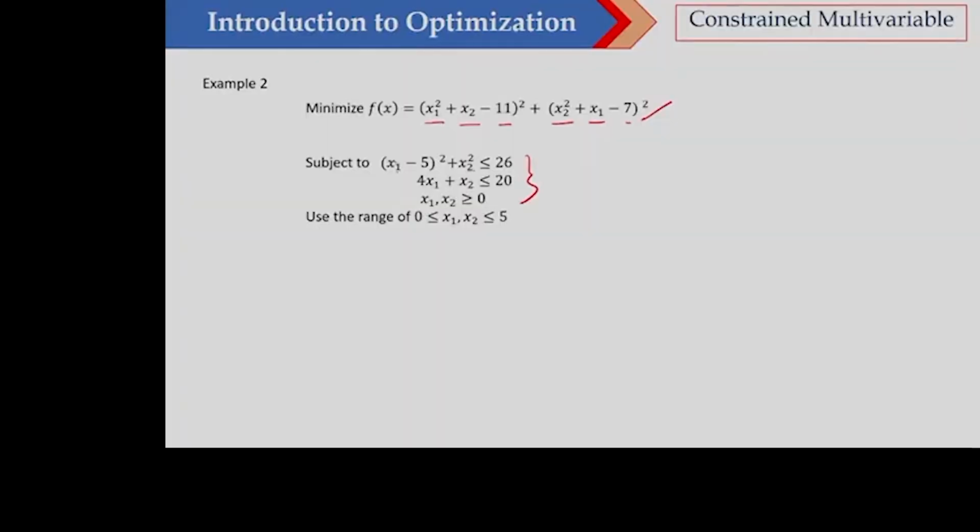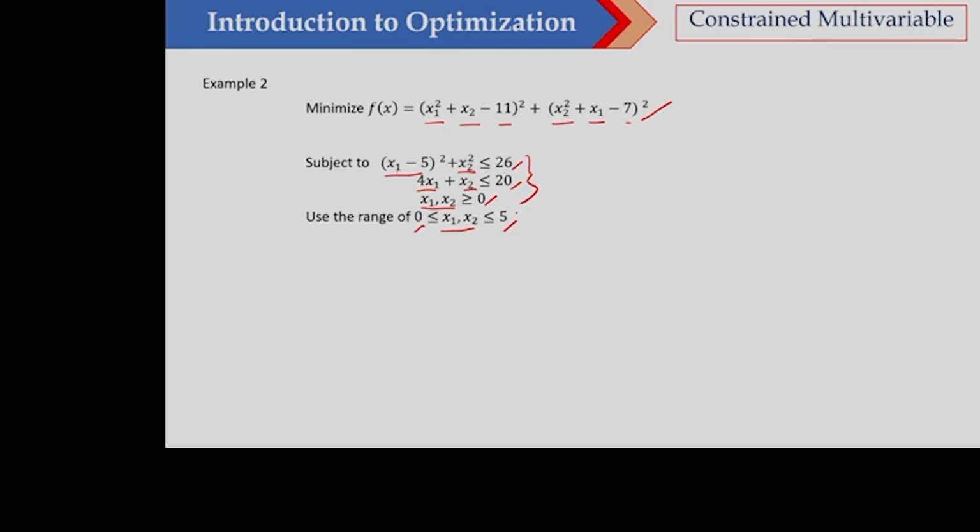Here there are two constraints. The first one is x1 minus 5 whole square plus x2 square less than or equal to 26, and 4x1 plus x2 less than or equal to 20, and both x1 and x2 are positive, and the range is that x1 and x2 are between 0 and 5.